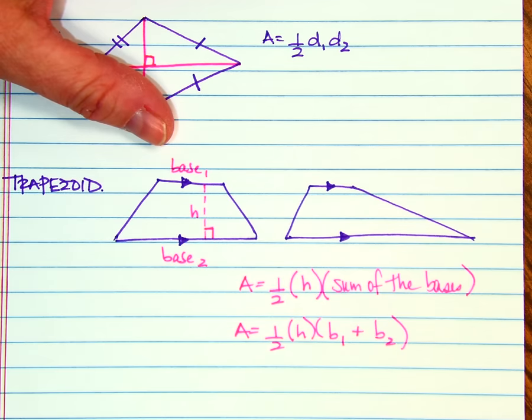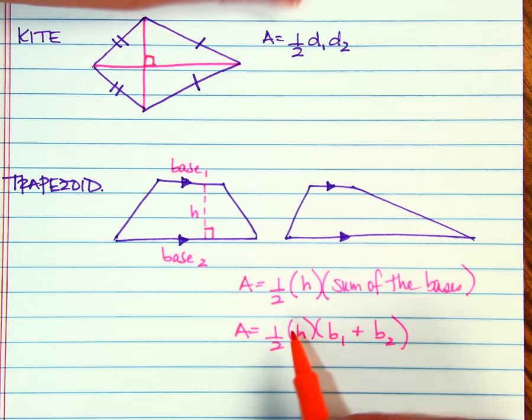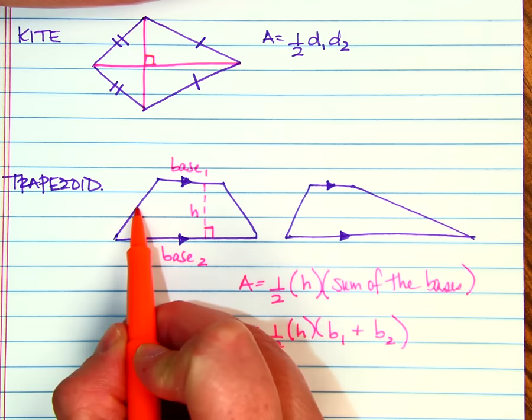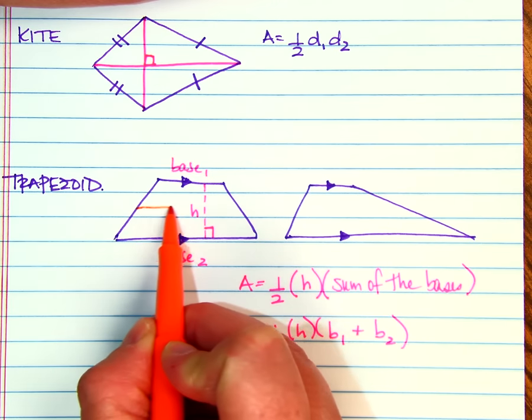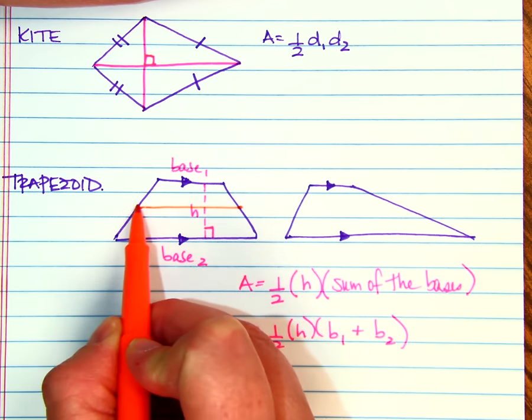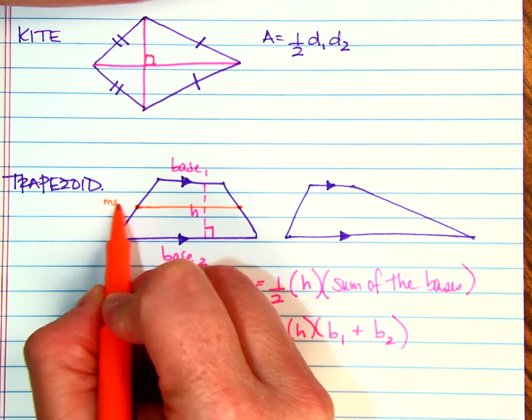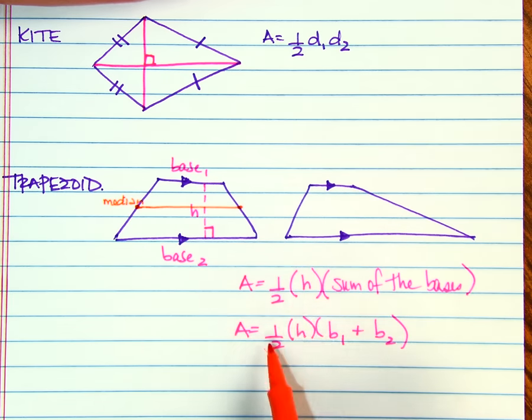What you are actually doing on this one, half of the bases is actually finding this piece right through here, which is called a median. So you're actually doing the median times the height, just FYI.